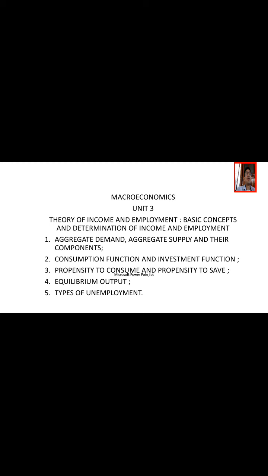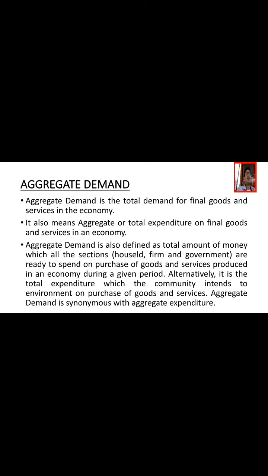For today, I'll start with aggregate demand and its components. What is aggregate demand? Aggregate demand is the total demand for final goods and services in the economy. It also means aggregate or total expenditure on final goods and services in an economy.